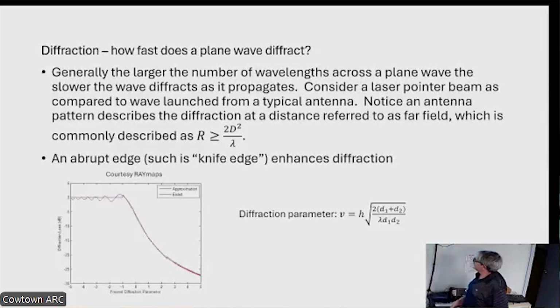But for most practical applications, this works pretty well. So the D, in general, we just say that's the largest dimension of the antenna. Clearly, if it's a wire antenna, it's just one dimension. But for an aperture antenna of some sort, this is just the maximum dimension of that antenna.